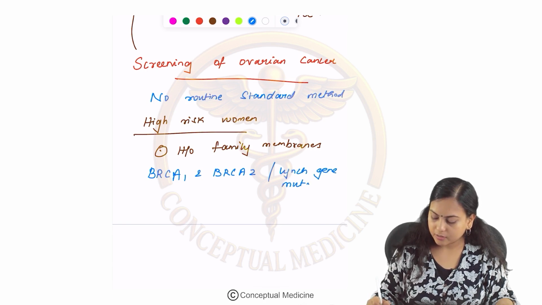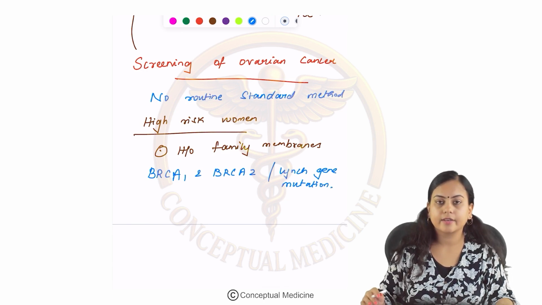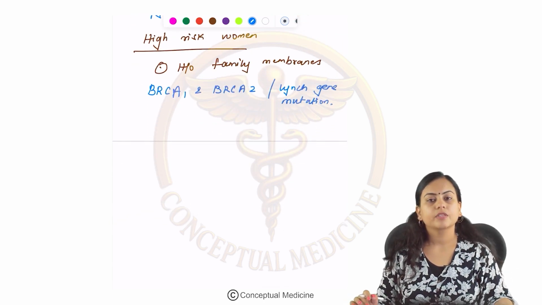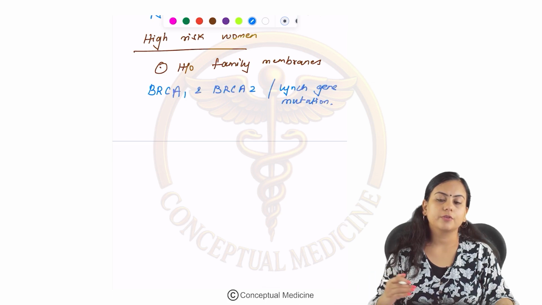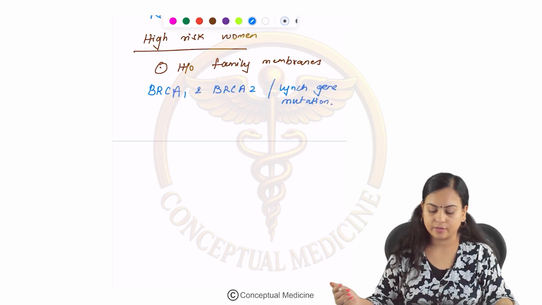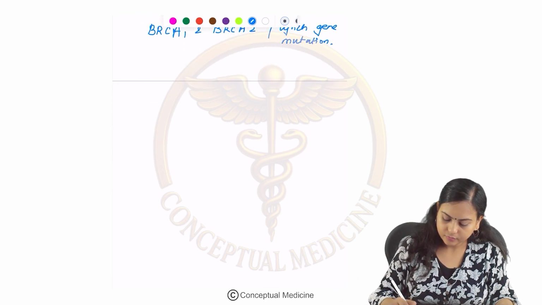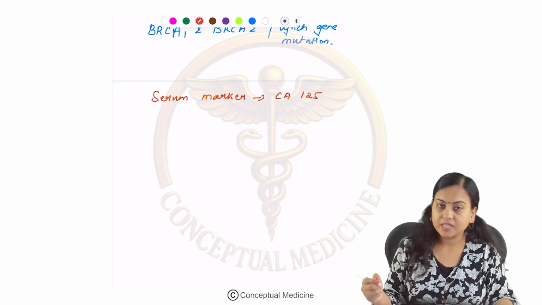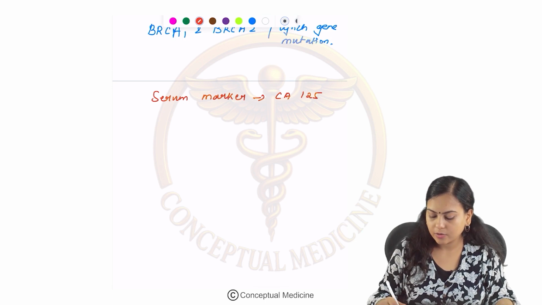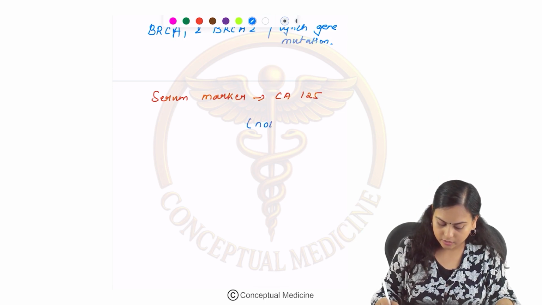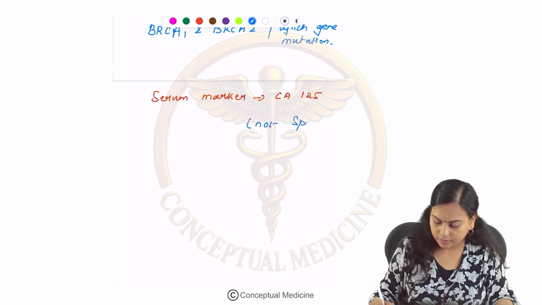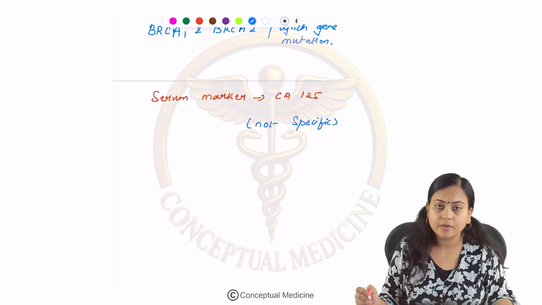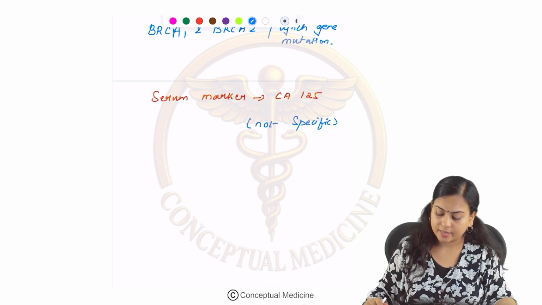Okay, but this is not regularly applied because in India, because of cost effective reasons, we will not be able to give this investigation for everyone, right? And another easy option is you can go for serum markers like CA125, but there is a risk again because CA125 is not specific, because it can be raised in many malignant as well as non-malignant conditions.